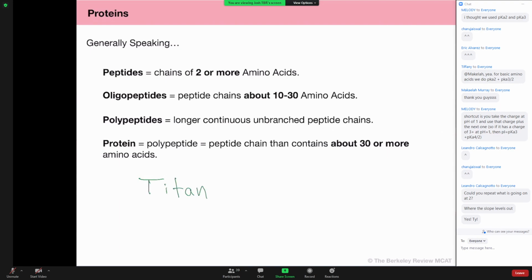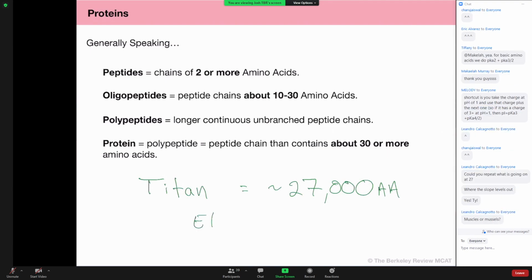It's found in muscles, and it's about, I think, 27,000 amino acid residues, which is absolutely massive. And it contributes to the elasticity of your muscles.